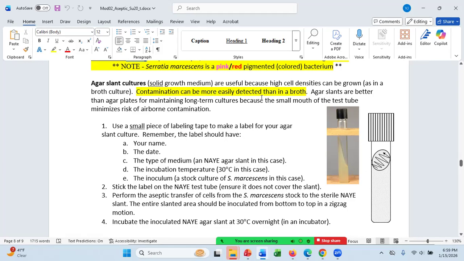The only way you can determine if you have a contaminant in the broth is if the contaminant makes the broth the wrong color, and you usually won't be able to determine that unless the contaminant is close to, if not the major cell, in the tube.